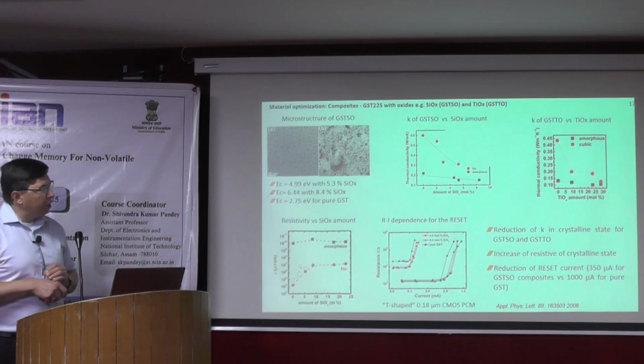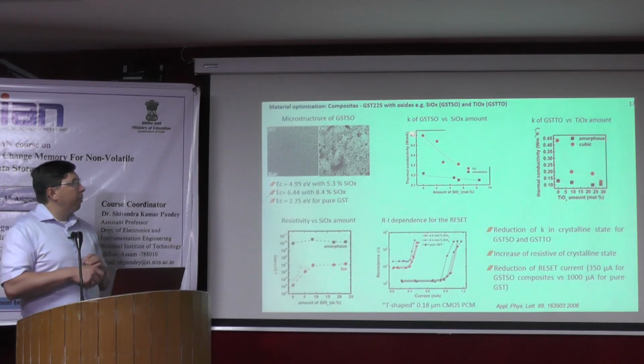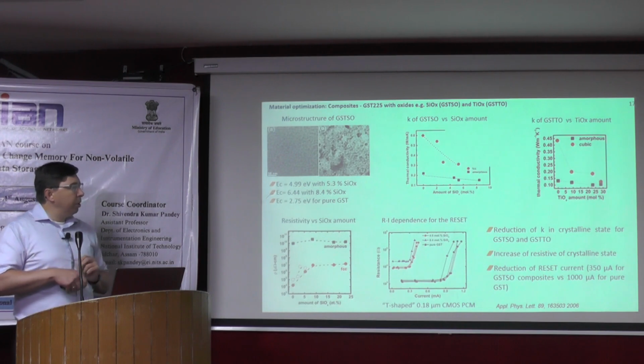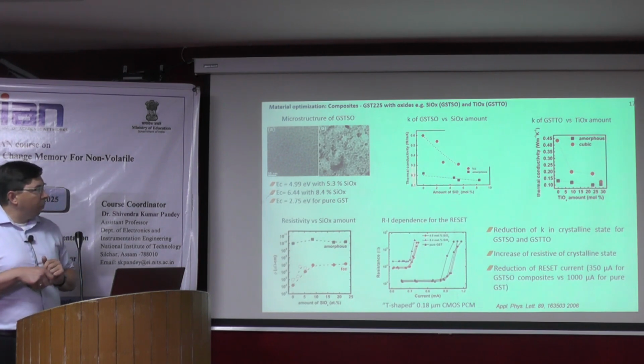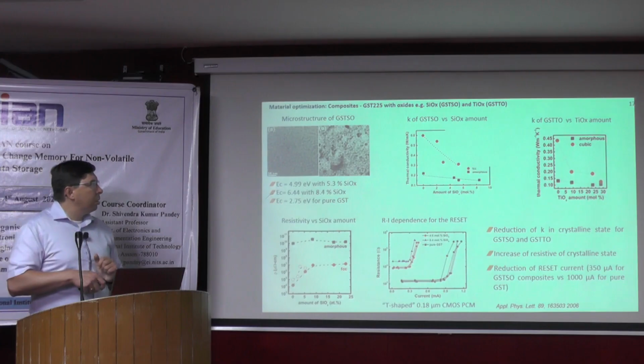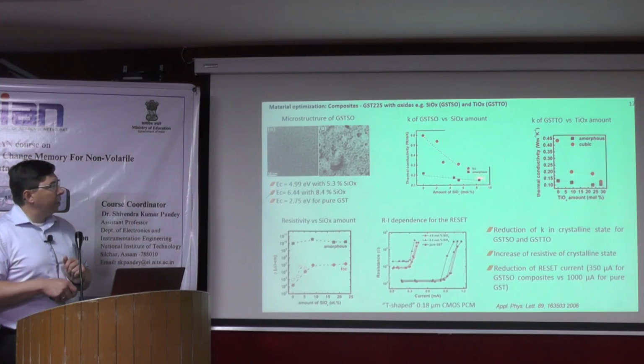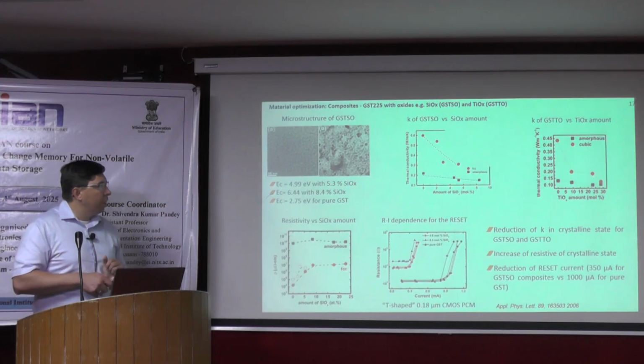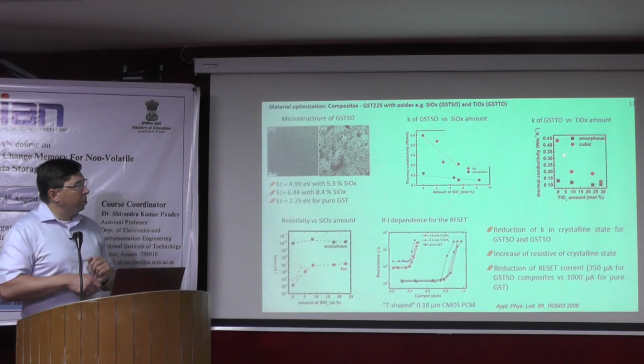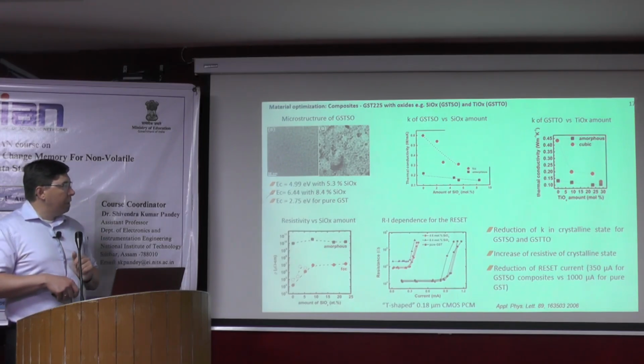Interestingly, such composites also improve the thermal conductivity of the overall system, in the sense that the thermal conductivity of the amorphous and crystalline phases are both reduced. And in the case of TiOx, the same effect, the thermal conductivity is reduced.